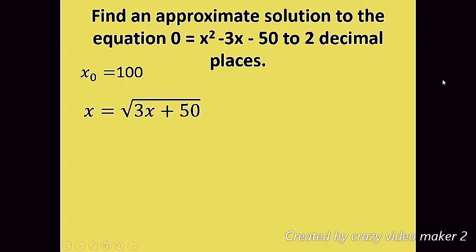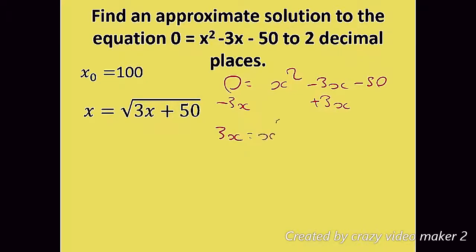Okay, so find an approximate solution to the equation 0 equals x squared minus 3x minus 50 to 2 decimal places. It's telling you you're going to start with 100, and we need to make this look like the equation of square root of 3x plus 50. Okay, so let's see how we can do this. I'm going to plus 3x both sides.